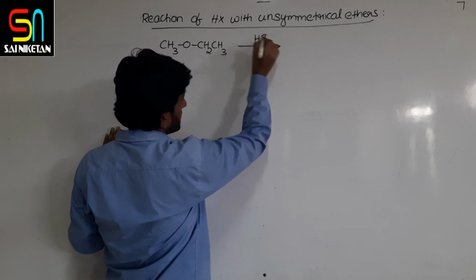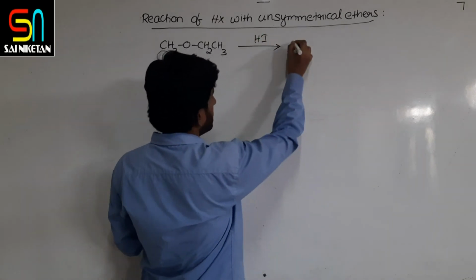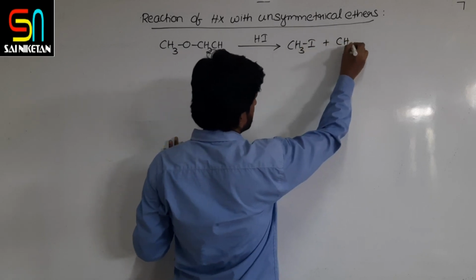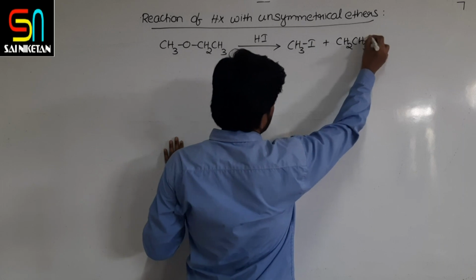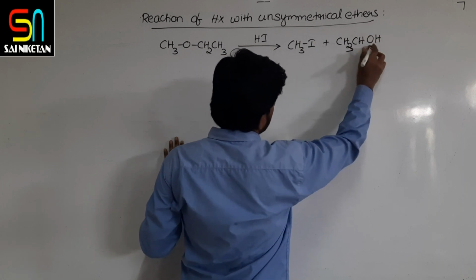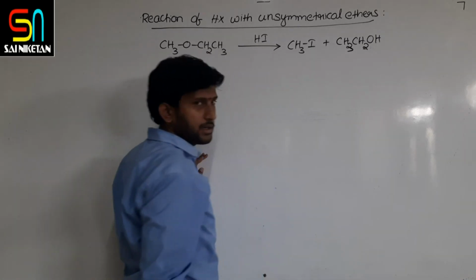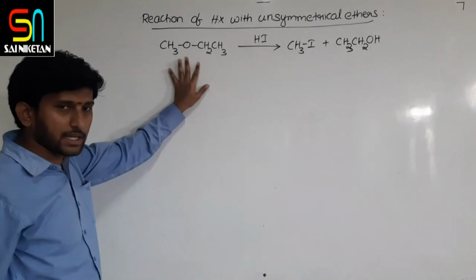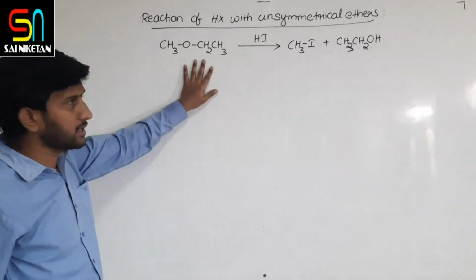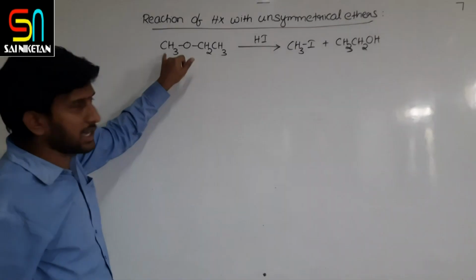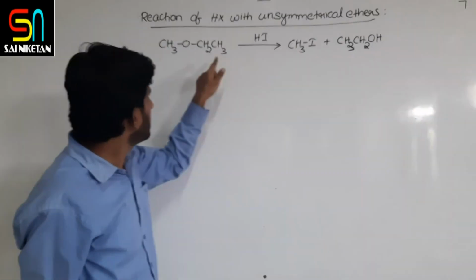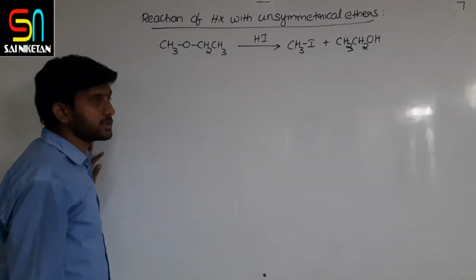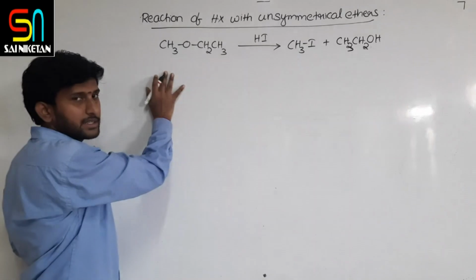If you are making reaction with HI, then you will get methyl iodide as the major product, and ethyl alcohol as another product. What is happening? If you are taking two different alkyl groups, what do you observe? The smaller alkyl group is converted to alkyl halide, the bigger alkyl group is converted to alcohol. Why is this happening? Let us see with some mechanism.